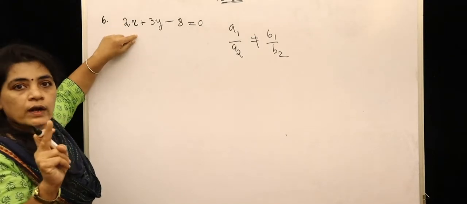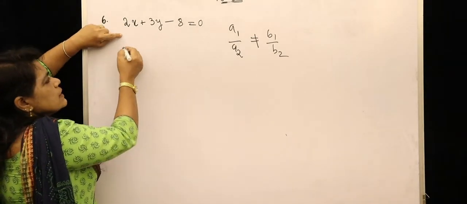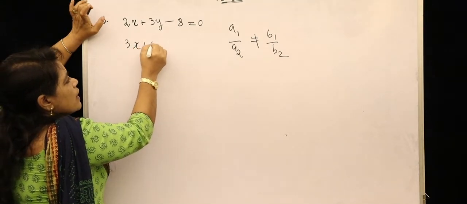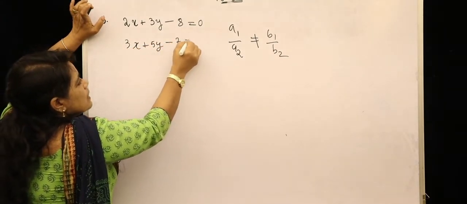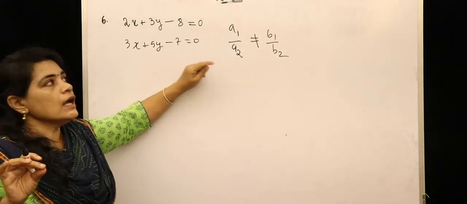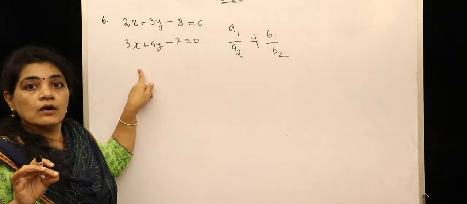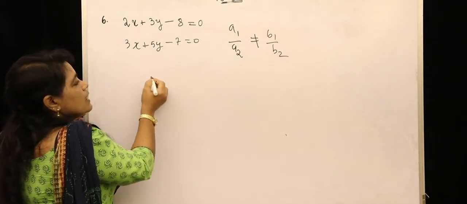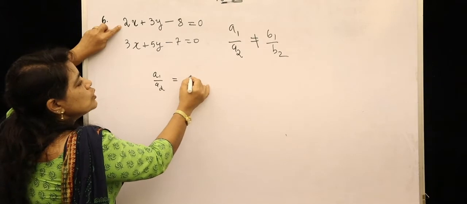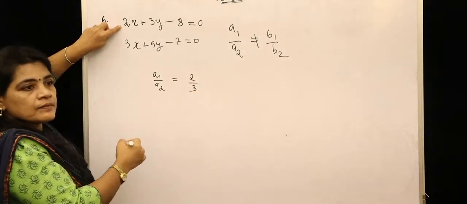Now we have only one. So I am simply writing an equation 3x plus 5y minus 7 equal to 0. I have just written an equation. Now I am taking the ratios. That means I am taking A1 by A2, that is equal to 2 by 3.